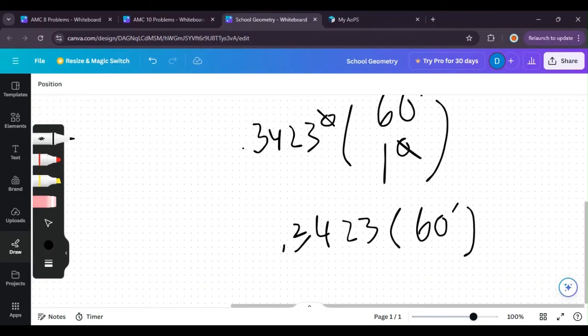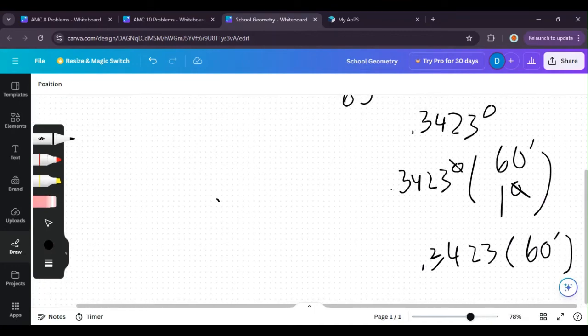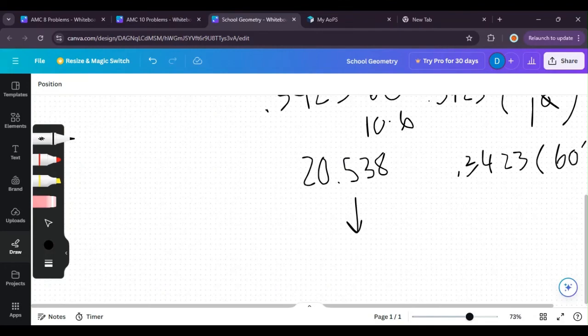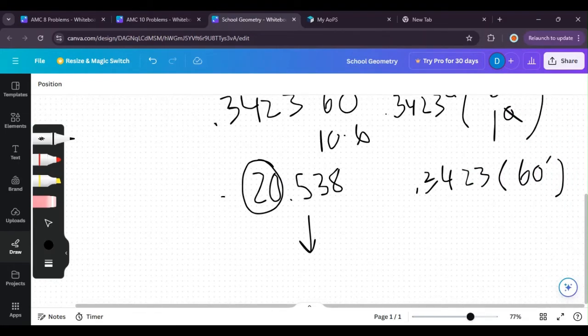So that is in minutes. Once we multiply by 60, we get 20.538, and we have 20 minutes.